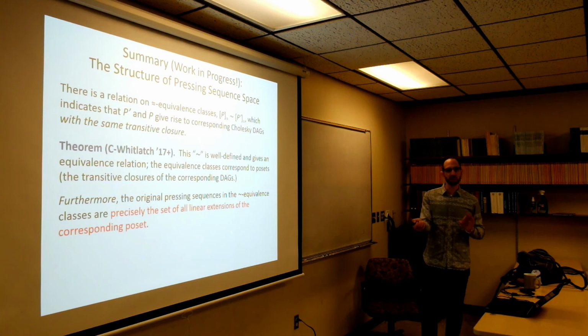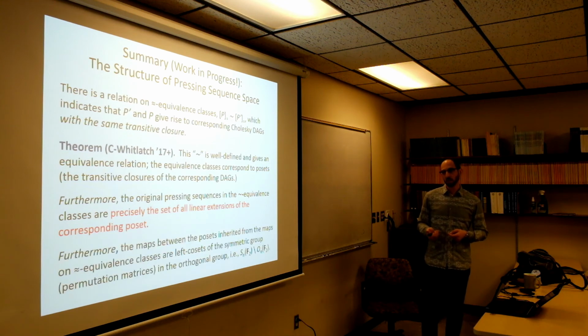These sim classes are actually equivalence classes of equivalence classes, but if you dig down into the bottom equivalence classes, they're piles of pressing sequences. Those pressing sequences are exactly the list of all linear extensions of the corresponding posets. They're the complete list of linear extensions for those posets. You'll see an example in a minute.